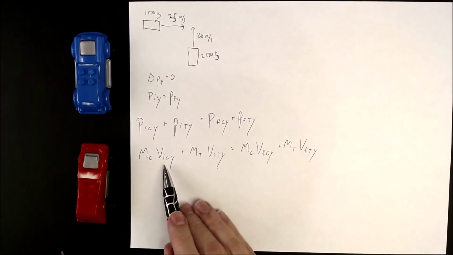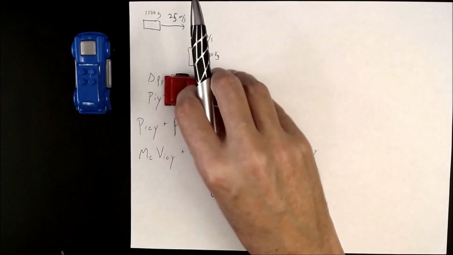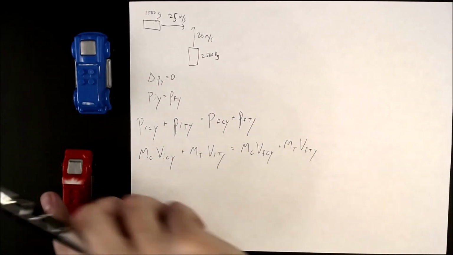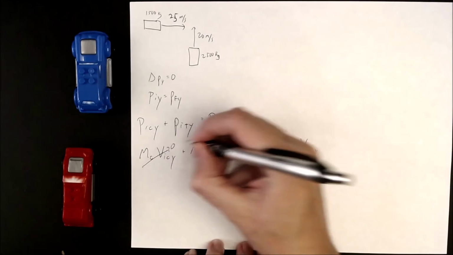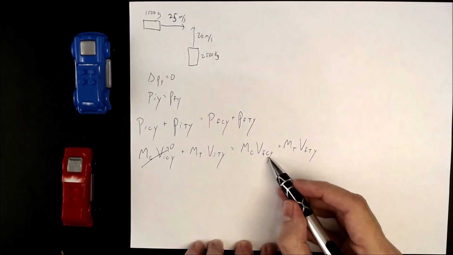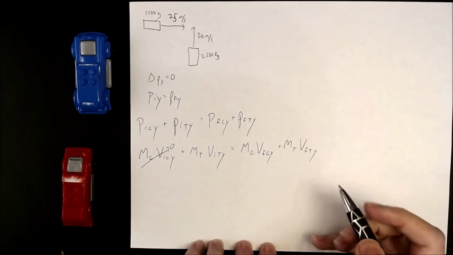Is there any initial velocity for the car in the x direction? Yes, but in the y direction there's not. In the y direction there's no initial velocity for the car, so that ends up being 0. The final velocity of the car in the y direction should equal the final velocity of the truck in the y direction.